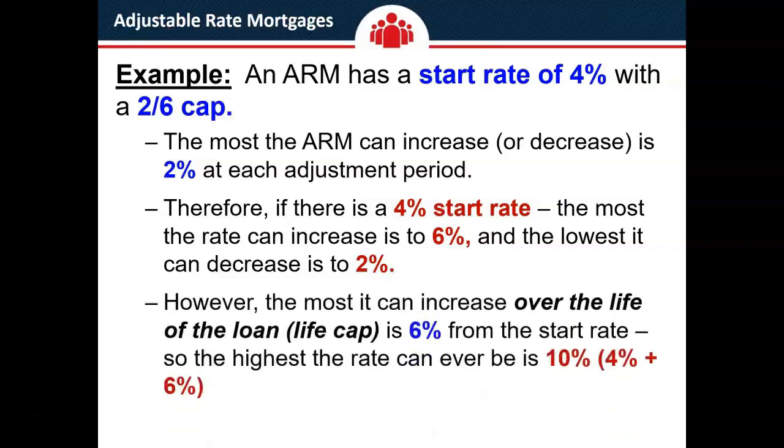However, the most it can increase over the life of the loan, the lifetime cap, we go by the bottom number, 6. What's the highest your rate can be? If you have a start rate of 4 and it can increase a max of 6, that bottom number, 4 plus 6 is 10. The highest the rate will be is 10.